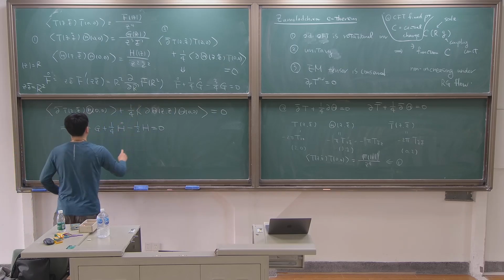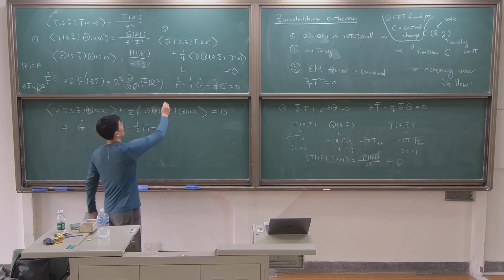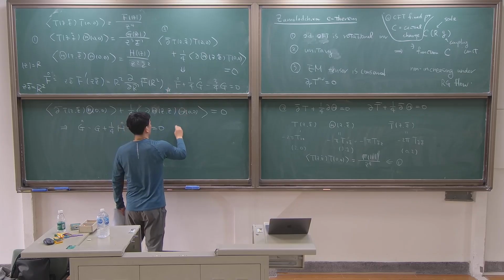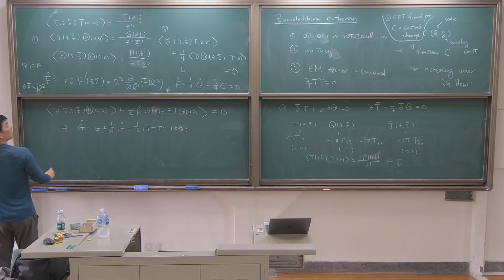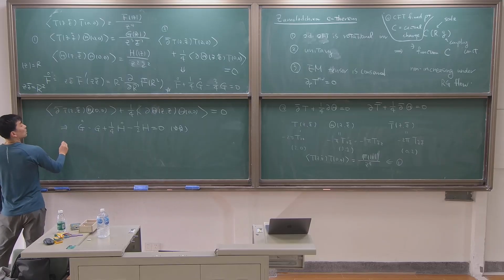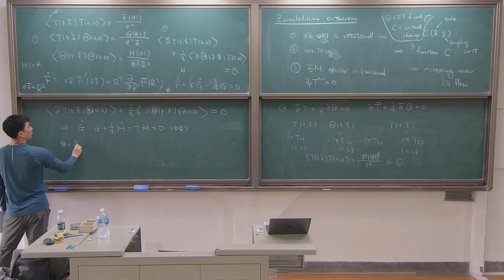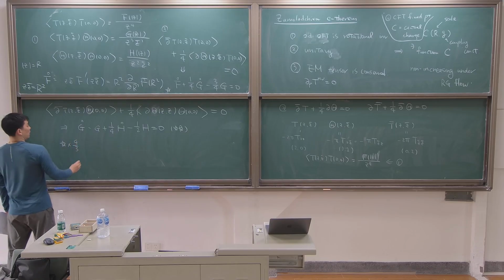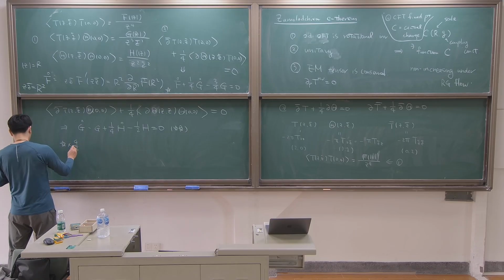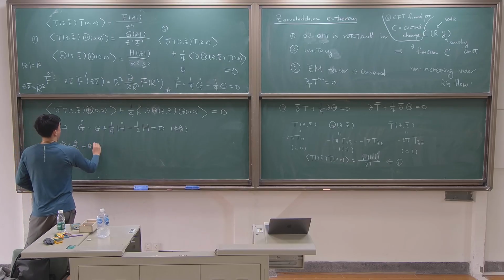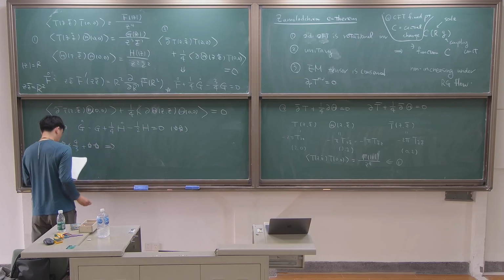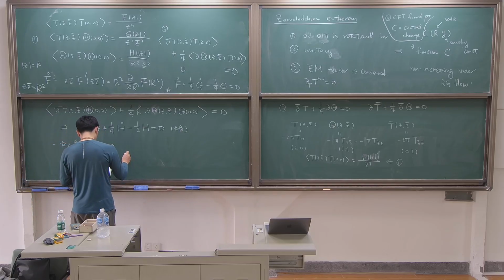If you compare these two, so let's call this one star and the other double star, and we can do the following thing. Times 4 over 3, and then minus, will give you the following equation.